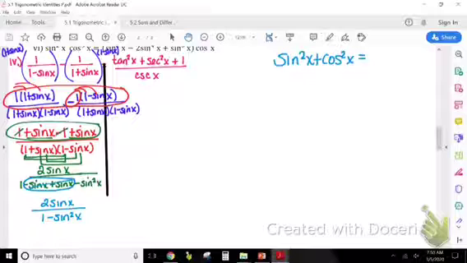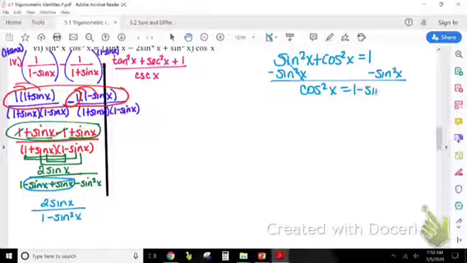So let's see what happens when we get sine and cosine on the same side. I meant sine and 1 on the same side. So let's move this over. So cosine squared of x equals 1 minus sine squared of x. Is this exactly the same as what we have in our problem? Yeah.